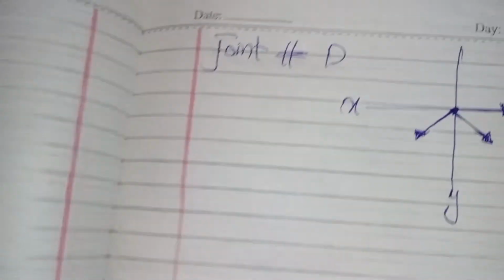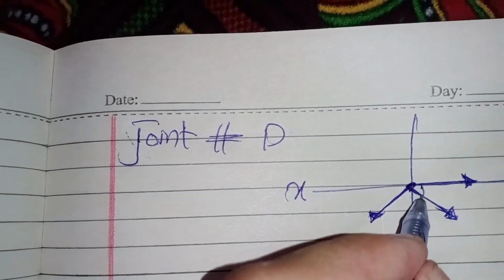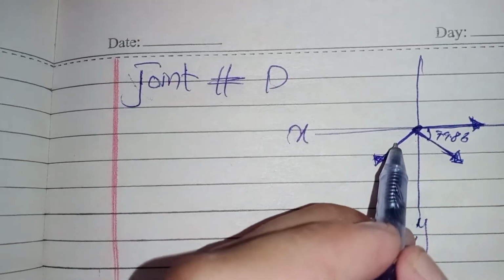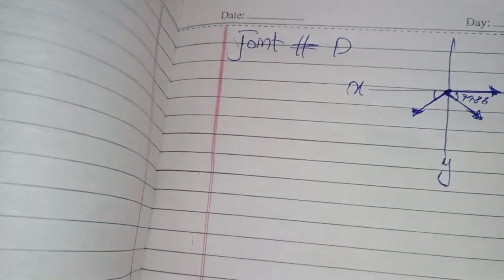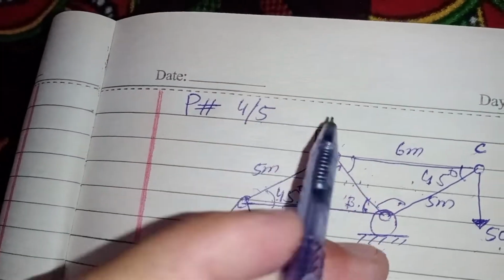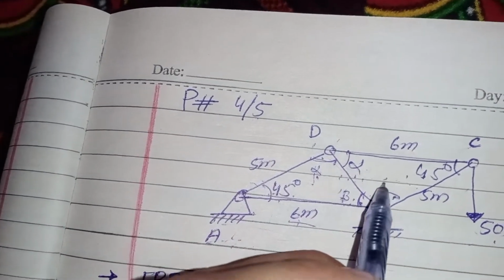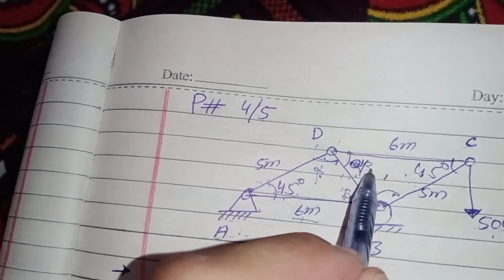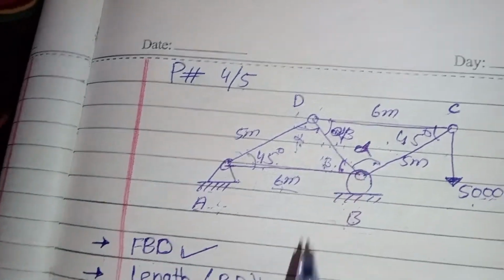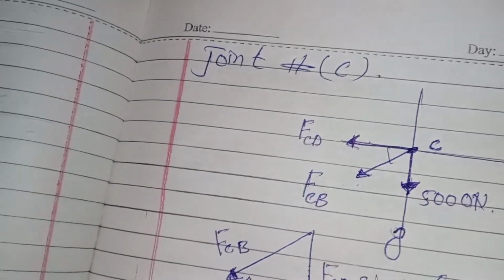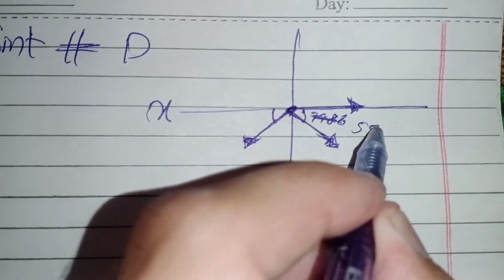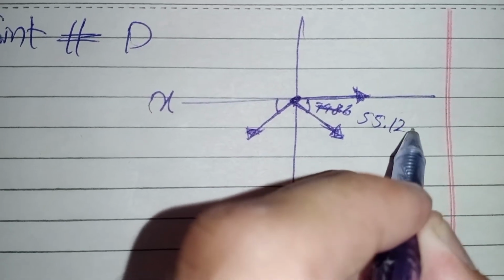So this is alpha 79.86 degrees, and this is beta and this is alpha. So I can write it is 55.12 degrees.